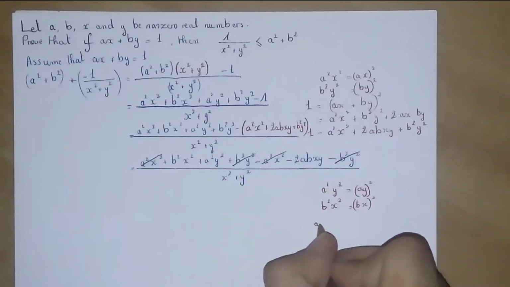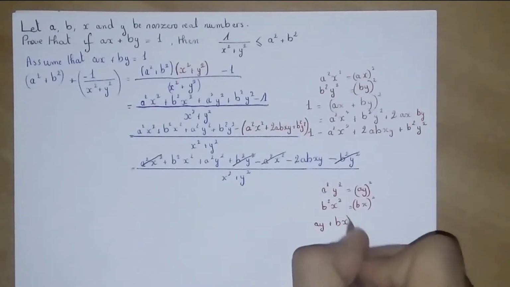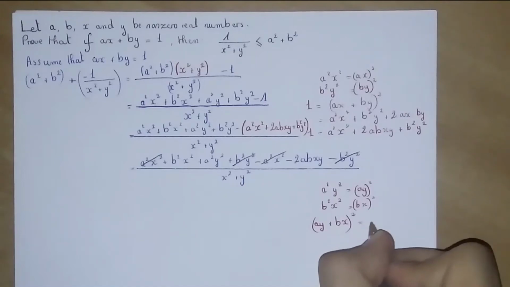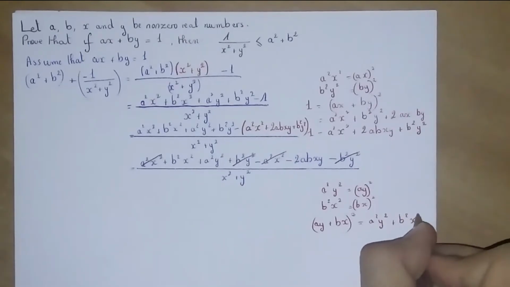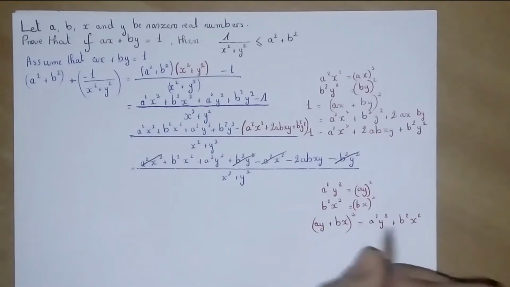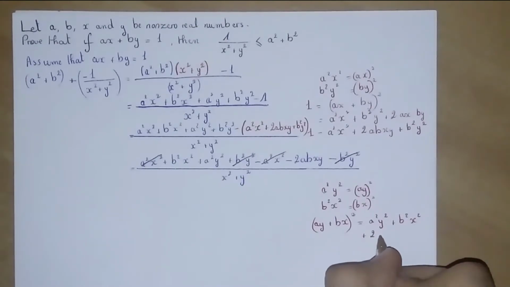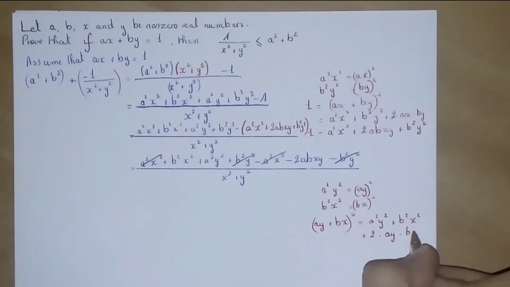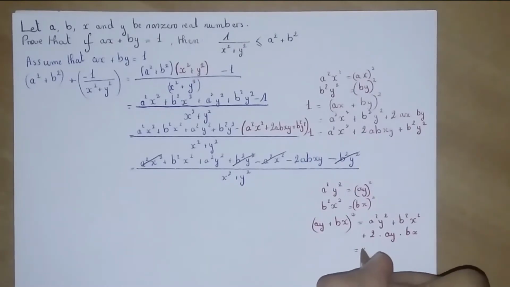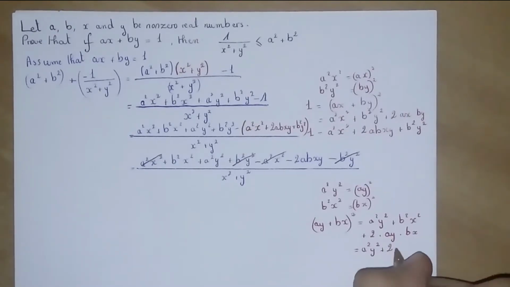If I take ay plus bx all squared, I will get a squared y squared plus b squared x squared, the square of each of these terms, of course, plus 2 times this number, ay, times this other number, bx. So then I could of course always arrange these terms to give me a squared y squared plus 2abxy plus b squared x squared.